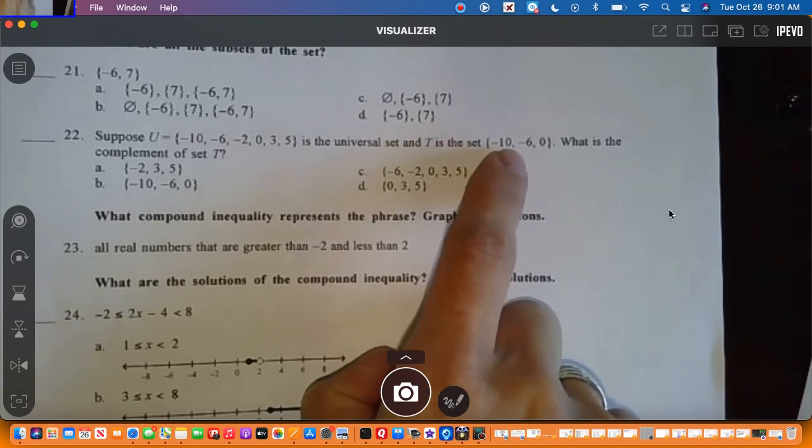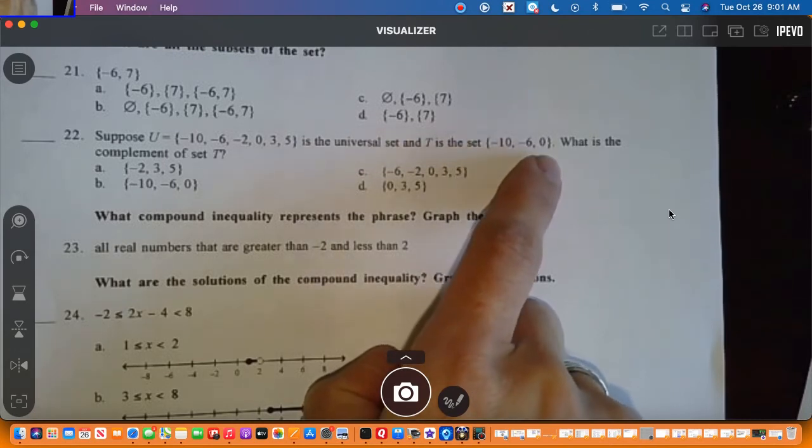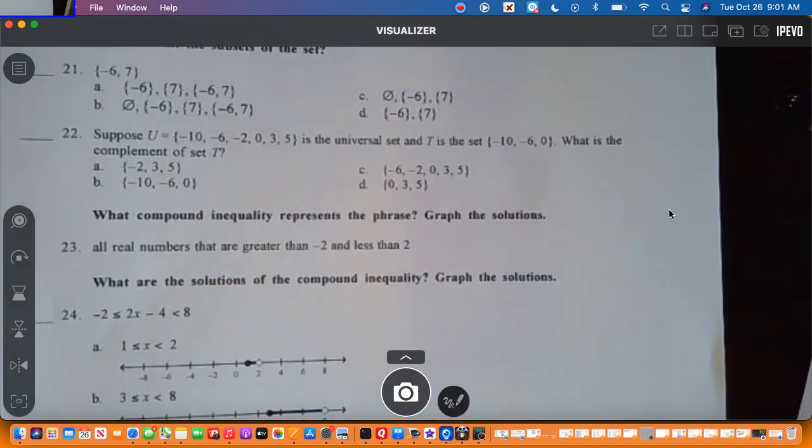If they gave you -10, -6, and 0, what are all the numbers that were left over? 2, 3, and 5. What was that answer? A. You just have to remember what the complement is. It's just the other ones. That one is going to be on the test. I changed the numbers, but it's the same question. It's everything that's left over.